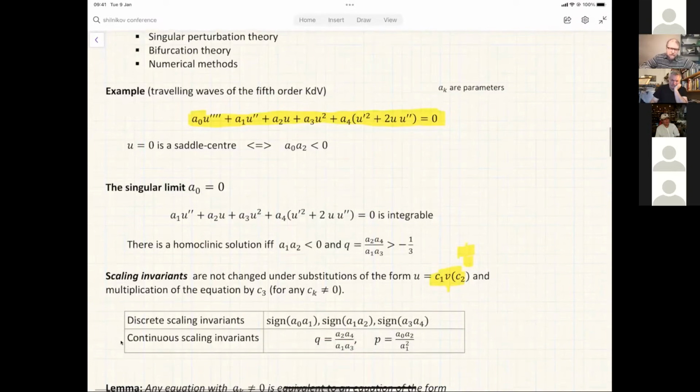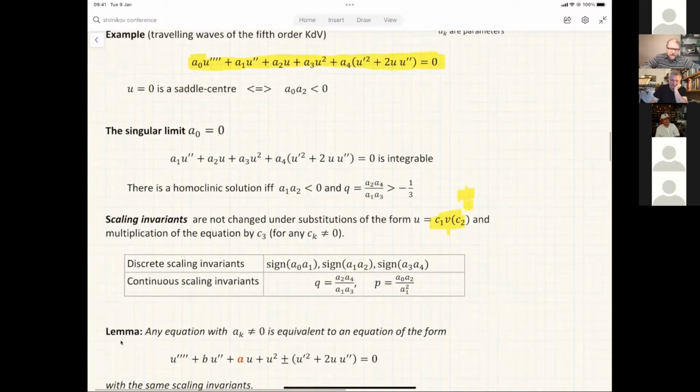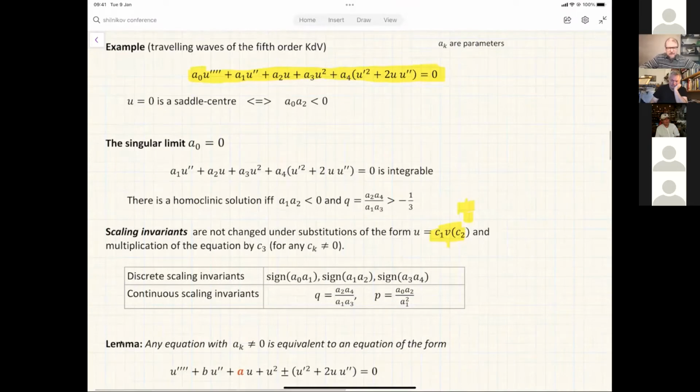Now, the first observation with the scaling invariance is that the scaling invariants Q and P form, in a certain sense, a full set.